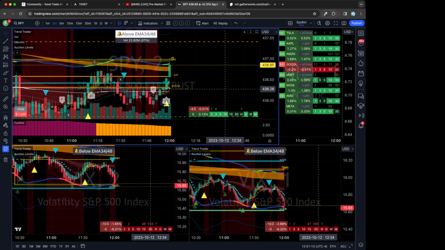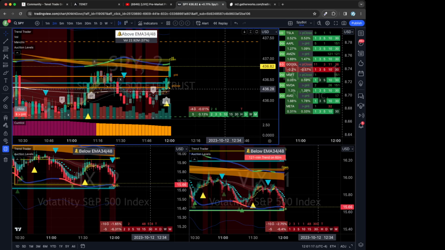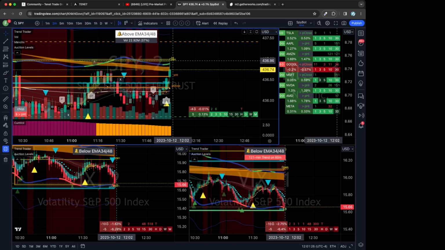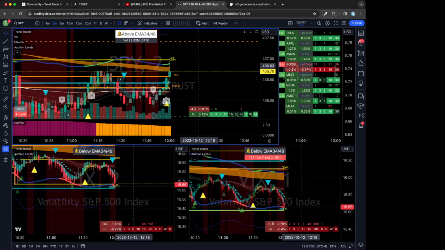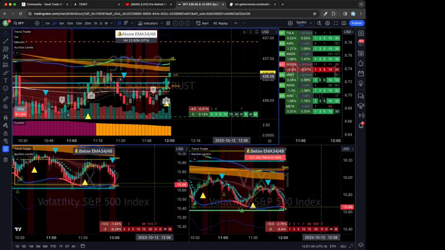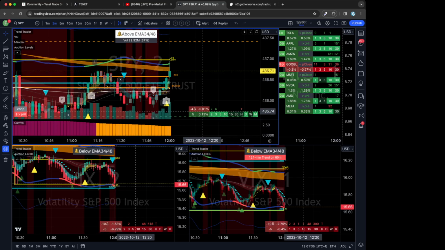I think the mistake we always make is we want to chase it, because you see that big green candle, your emotions jump in, you're like, oh, it's finally happening. I knew it was going to happen. Now I want to get in. So you get in at the top, and guess what? Then it turns on you, and then you're immediately red, and you're like, okay, now it's much cheaper.